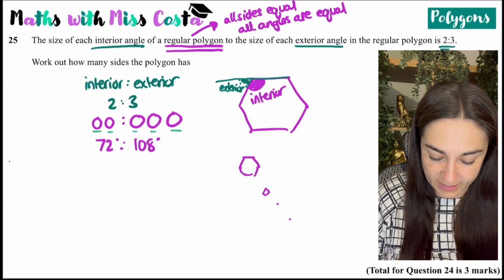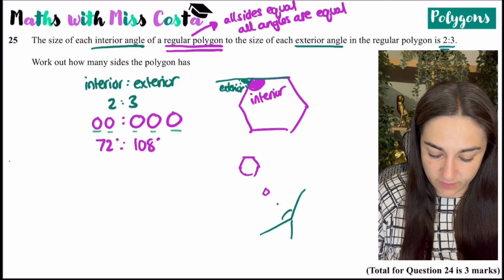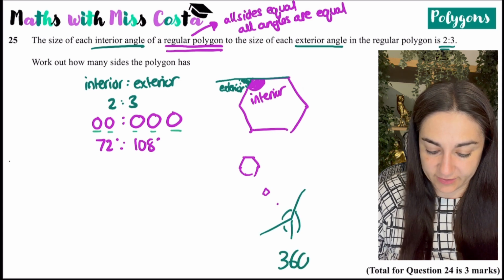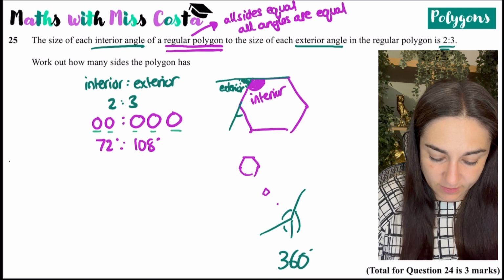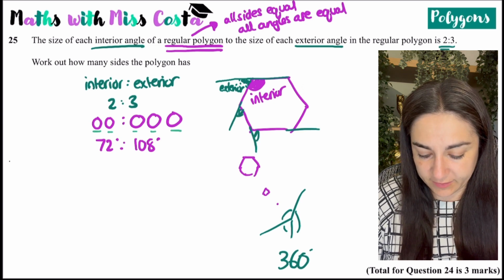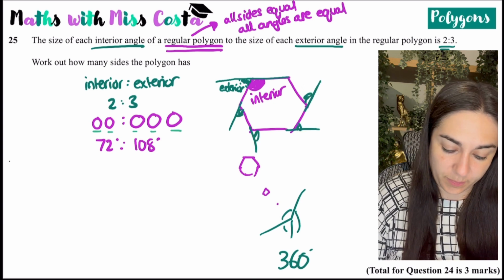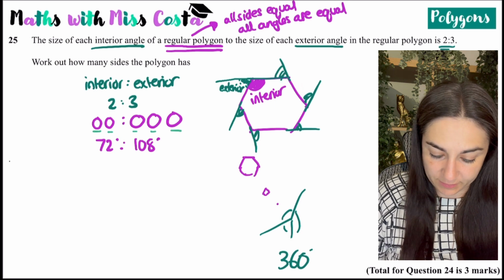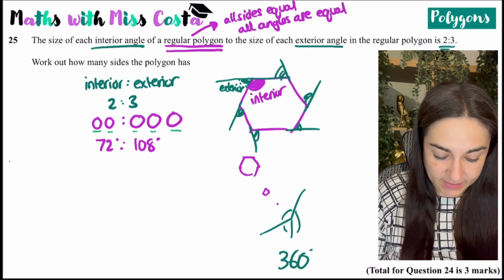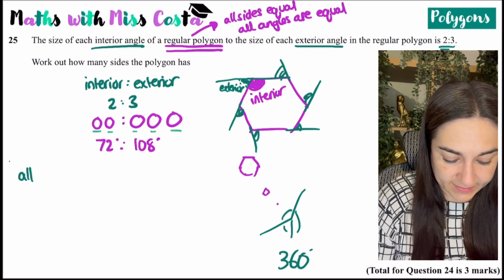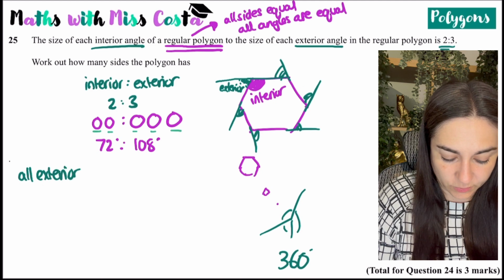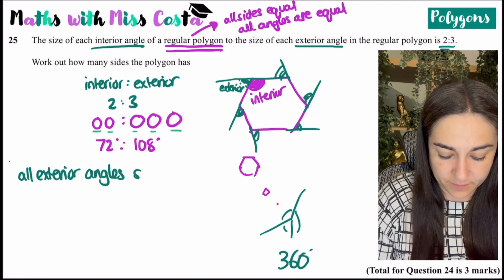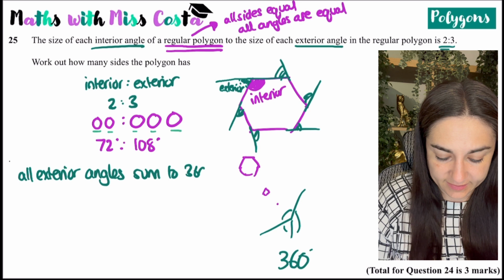And what do I know about angles at a point? I know that they sum to 360 degrees. So essentially, all of the exterior angles of a polygon, if you shrink it down and down and down, it would shrink down to a dot. So all exterior angles sum to 360 degrees.